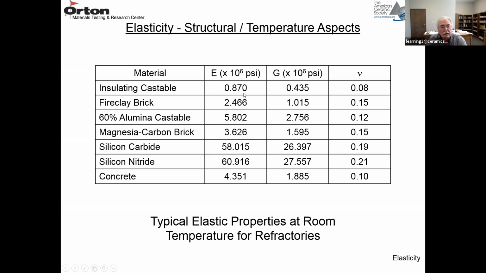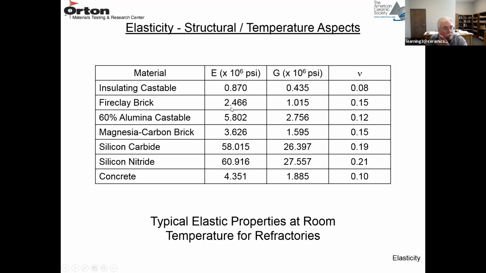So an insulating castable has a tremendous amount of porosity. So the Young's elastic modulus is about 800,000 psi. The shear modulus is about 400,000 psi. And Poisson's ratio is pretty low, 0.08.